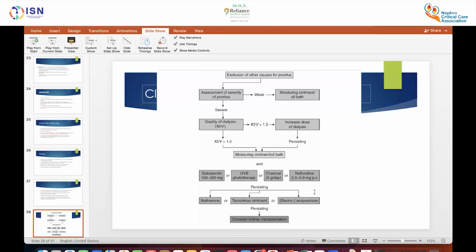So they thought that probably uremia per se is causing some T cell mediated reactions, which is causing this uremic pruritus, and they started using tacrolimus ointment and found a little better response. That's why tacrolimus ointment 2% has been advocated and found in pharmacy.